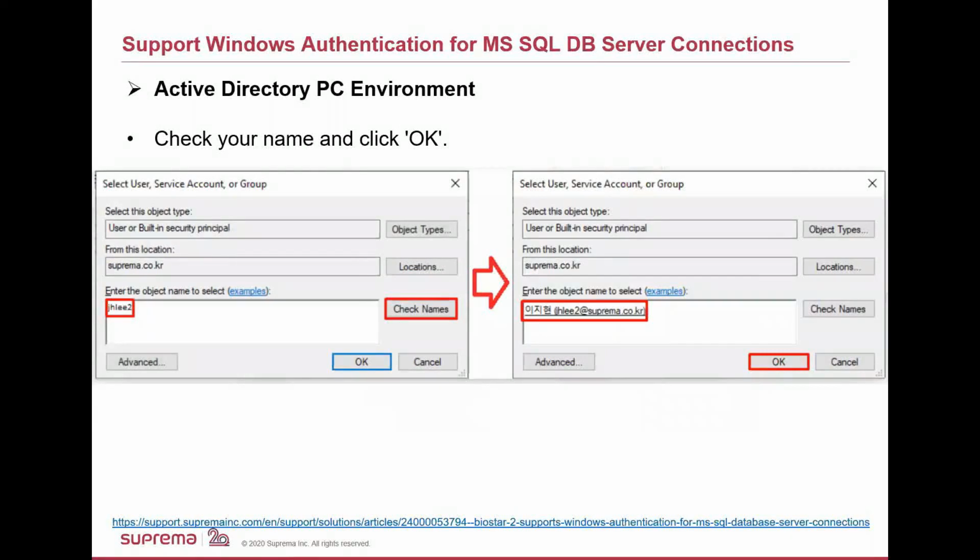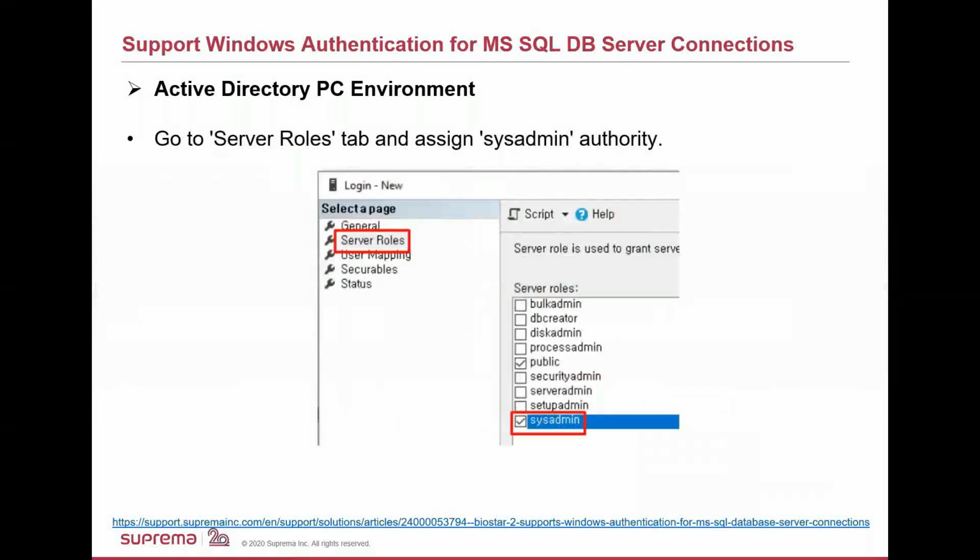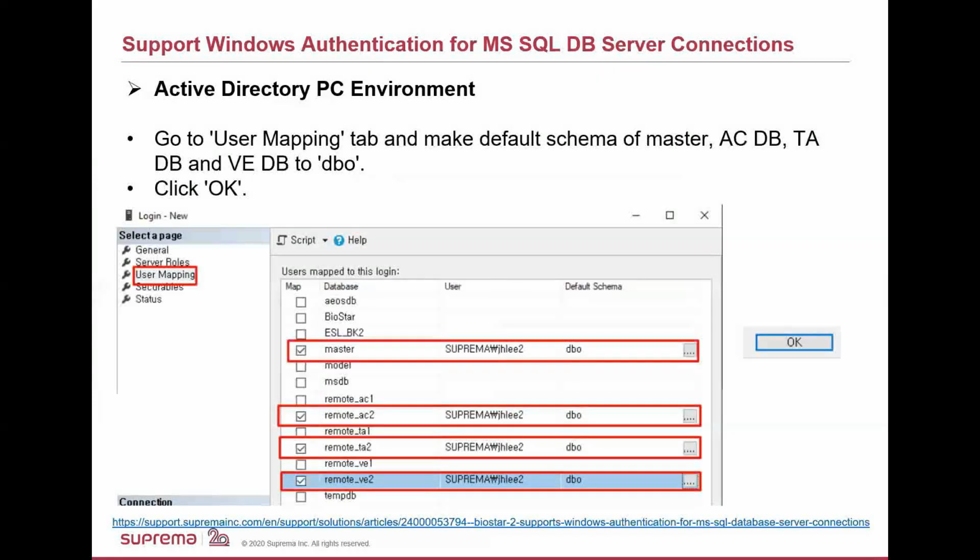Check your name and click OK. 6. Go to the Server Roles tab and assign sysadmin authority. 7. Go to the User Mapping tab and make the default schema of master, your ACDB, your TADB, and VDB to DBO. 8. Click OK.